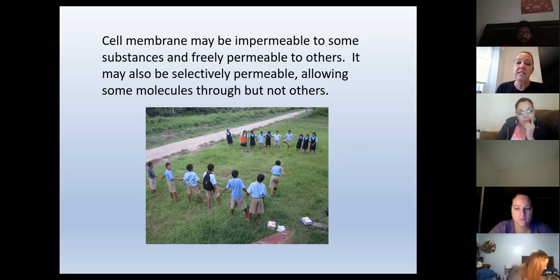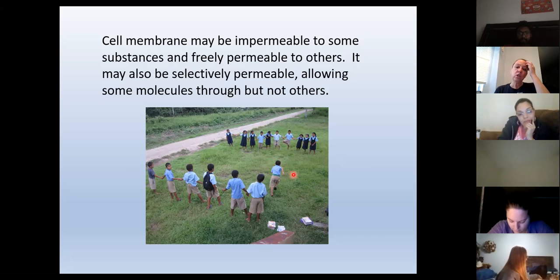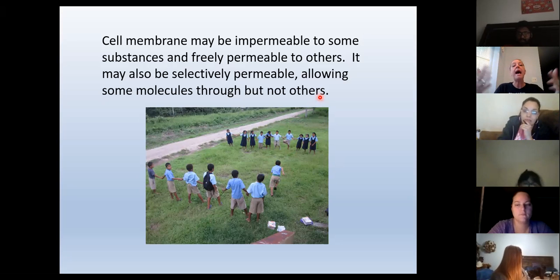So if this group is the cell membrane, and this guy is something trying to get in through the cell membrane, we can see if he breaks through, that would mean it was permeable. Permeable meaning to pass. If he does not break through, it is impermeable.